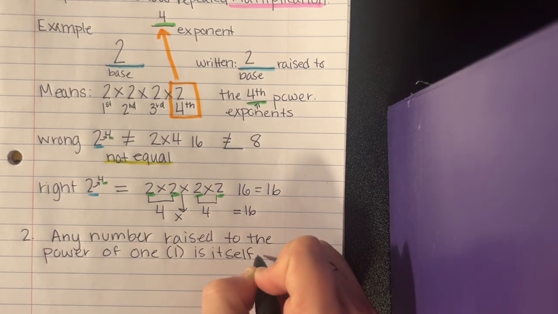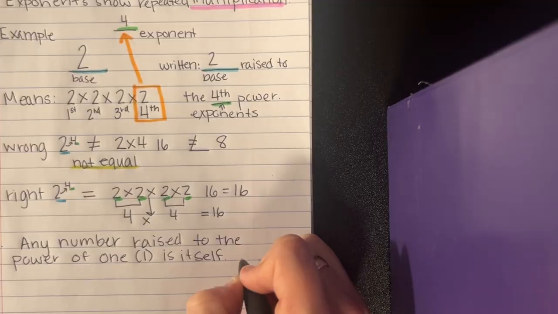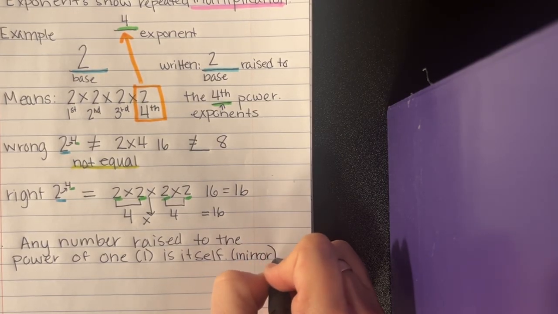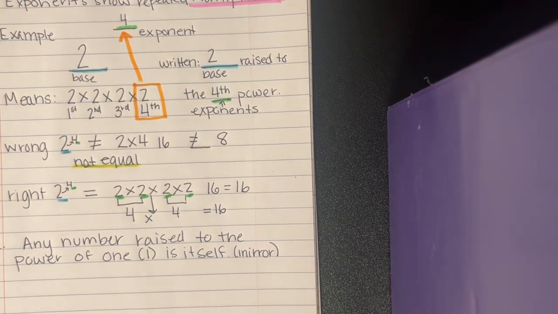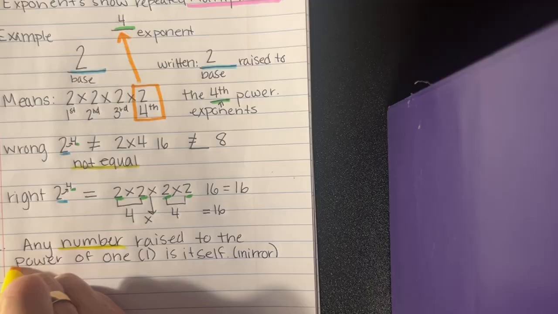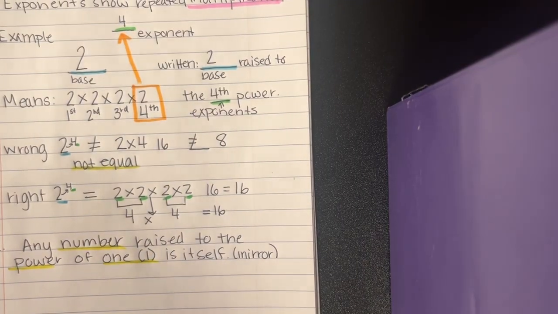It's kind of like looking in the mirror. So I'm just going to put a note over here. Mirror. Okay? Any number raised to the power of 1 is itself.